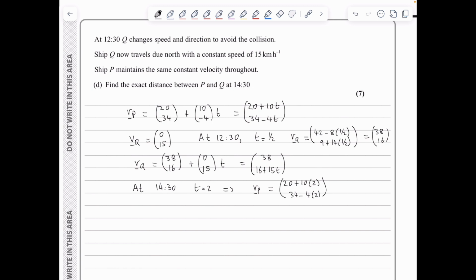This gives an answer of (40, 26), and I'll do the same for rQ. So the position of Q at 2:30 in the afternoon is going to be 38 and 16 plus 15 times 2. This gives an answer of (38, 46).